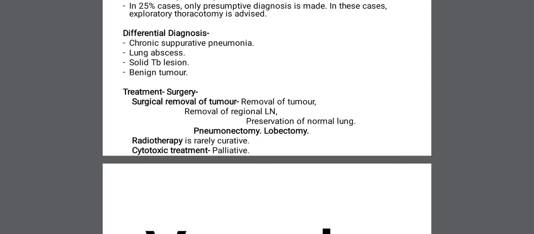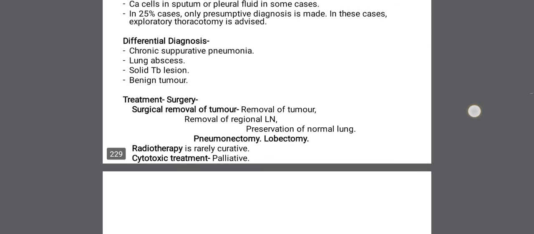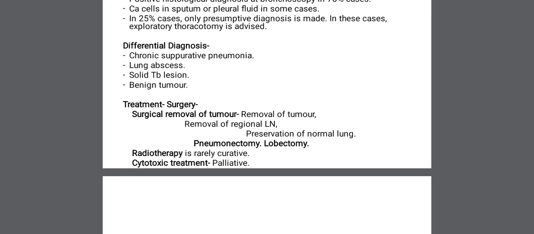The aim of surgical treatment must be adequate removal of primary tumor and regional lymph nodes, but with preservation of as much normal lung tissue as possible.